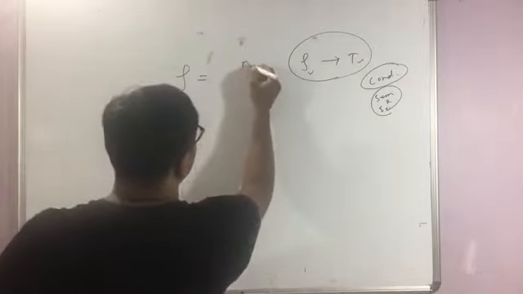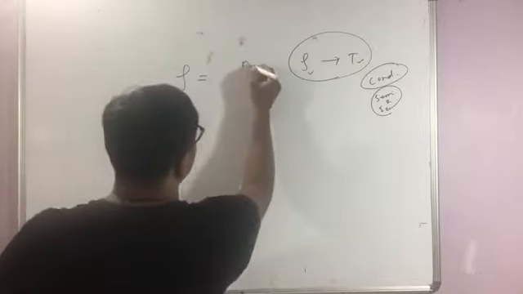This term you must know. Rho is the resistivity, M is the mass of an electron, E is the charge on an electron, N is the number density, and tau is the relaxation time. Already I have told you that M and E are fixed for every material.